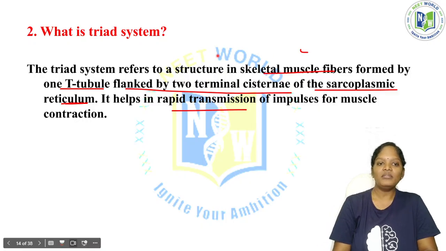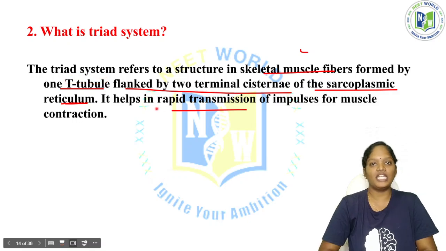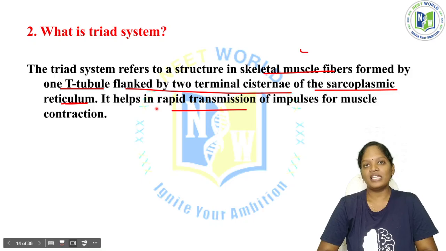So in the skeletal muscle fibers, how is this triad system formed? It is formed by one T-tubule flanked by two terminal cisternae of the sarcoplasmic reticulum. As we discussed in the previous classes, the endoplasmic reticulum, if it is present in the muscle cell, we call it the sarcoplasmic reticulum.